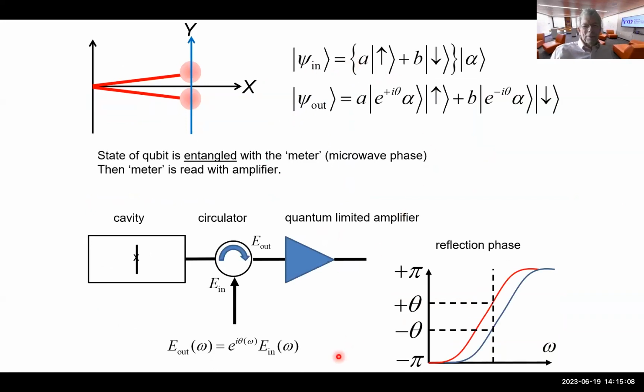So out here, the signal is classical. In here, it's quantum. The circulator is a classical object, but the electromagnetic mode that's passing through it is quantum. I can send in one photon and have it go around the circulator and come out. That's a quantum state. But when it comes out of the amplifier, crudely speaking, it's now classical.